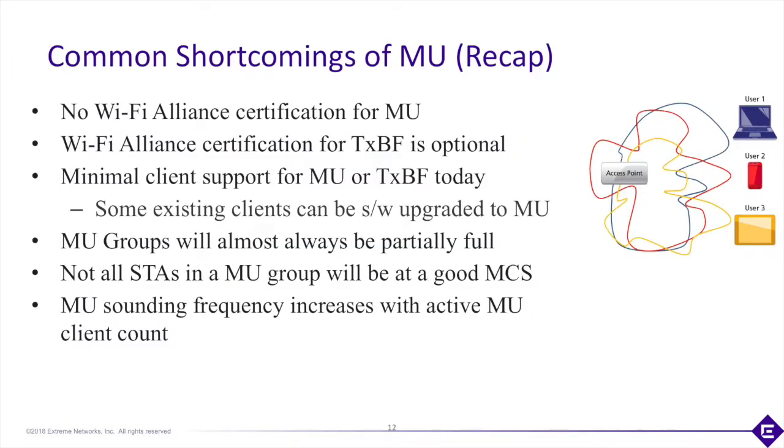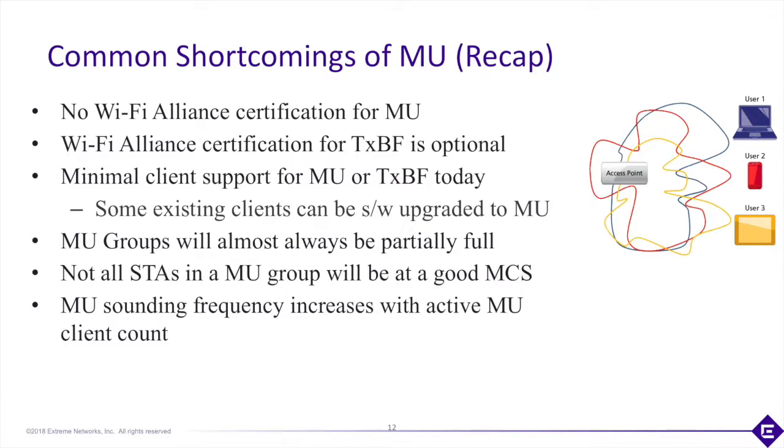So as a recap of the shortcomings of multi-user, you have no Wi-Fi Alliance certification, and it is optional for transmit beamforming, and it has to have both of those things. You have minimal client support for multi-user and transmit beamforming. You have multi-user groups that are almost always partially full. If a multi-user group is not completely full, then you're losing a lot of your efficiency gain.